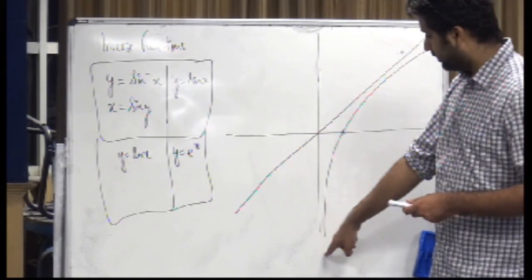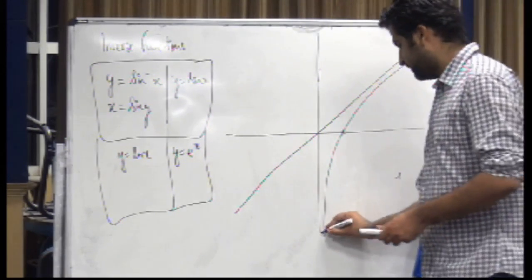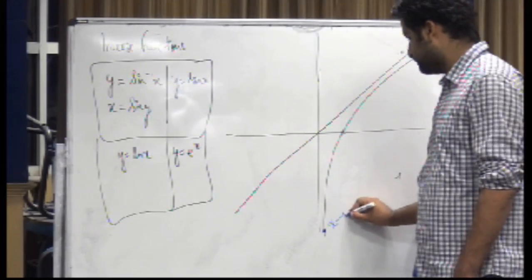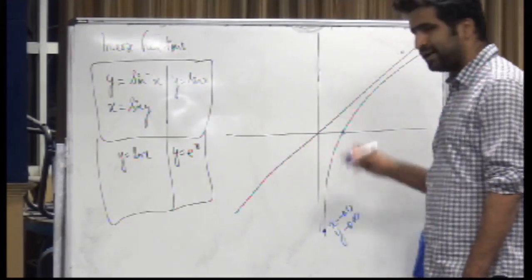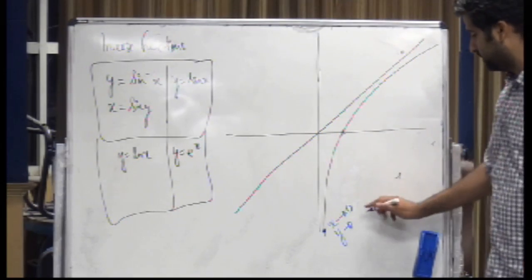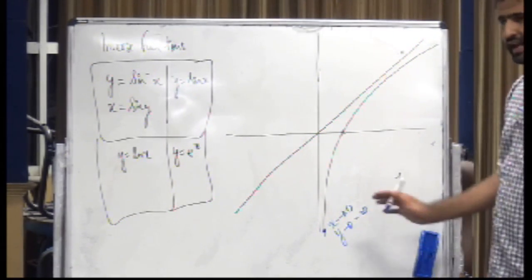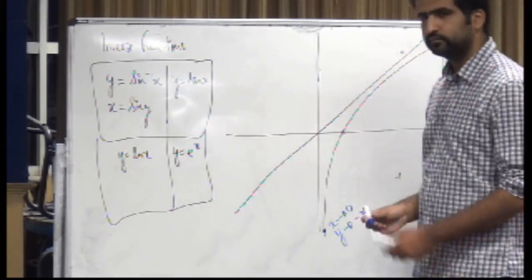Now here x is tending to 0. I will make some points here. At this point, x is tending to 0 and y is tending to minus infinity, I'm sorry. I need a point where x is tending to minus infinity and y is tending to 0. So this point will be here.